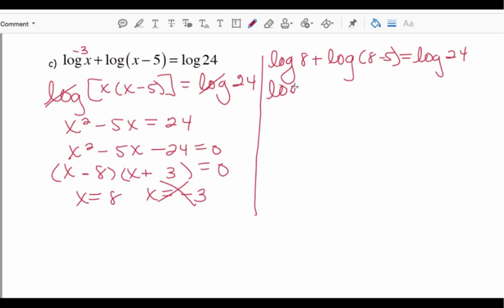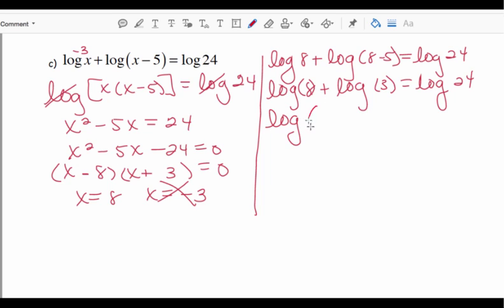And then we get log of 8 plus log of 3 equal to log of 24. And then if you turn your addition to multiplication, you get log of 8 times 3 equal to log of 24, and that works because 8 times 3 is 24, and you get log of 24 equal log of 24. So that checks, and 8 is a solution.